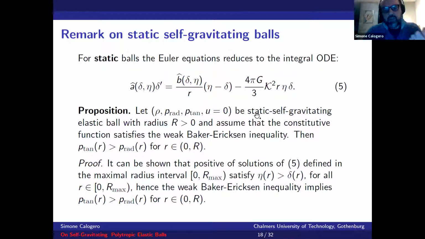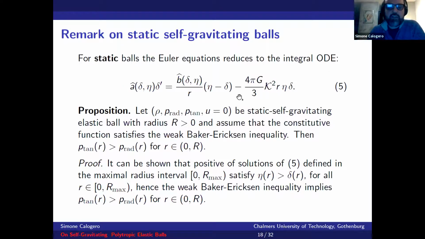And here is where this Bacher-Erichsen inequality is actually important, because it can be shown that for static self-gravitating elastic balls, if the constitutive function satisfies the weak Bacher-Erichsen inequality, then the tangential pressure is greater than the radial pressure everywhere in the interior of the ball. And the proof is 4 lines, so I can give it to you.